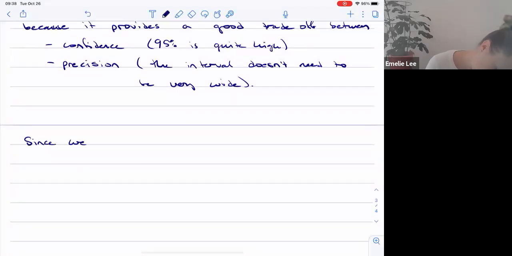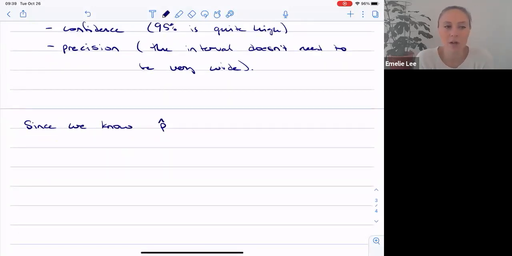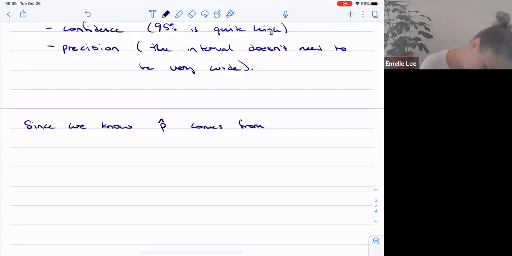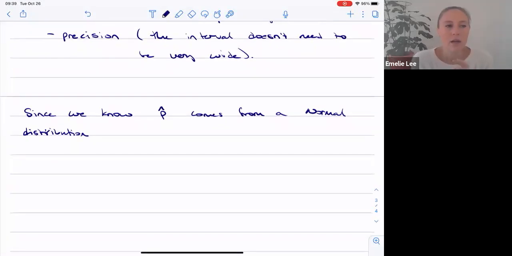So since we know p hat comes from a normal distribution, we can figure out how much of a bound or how much of a buffer I need to build around p hat to capture the central 95%.